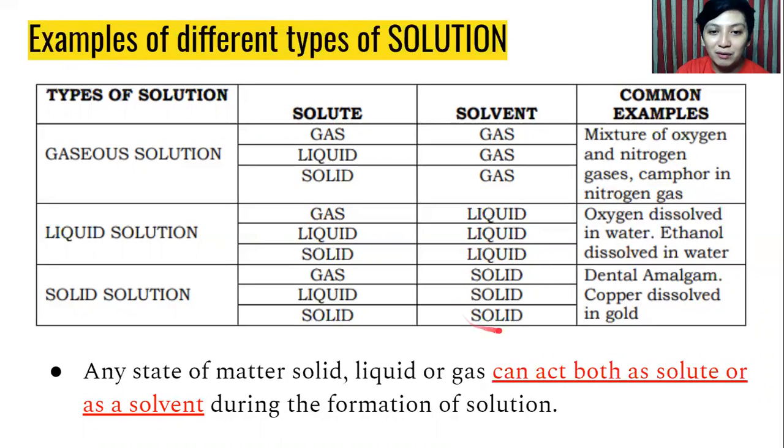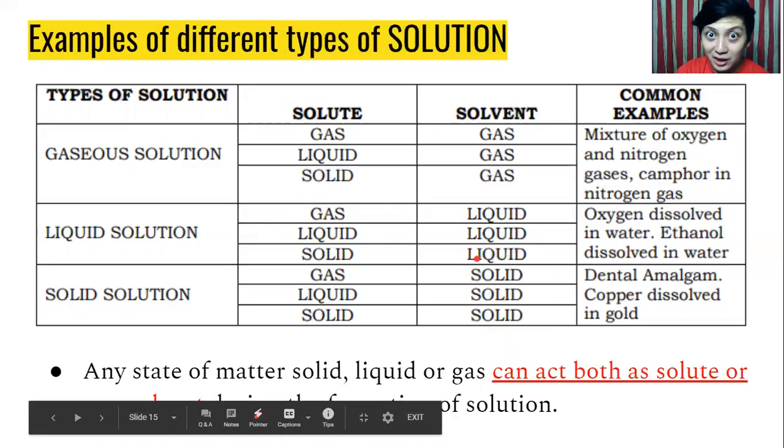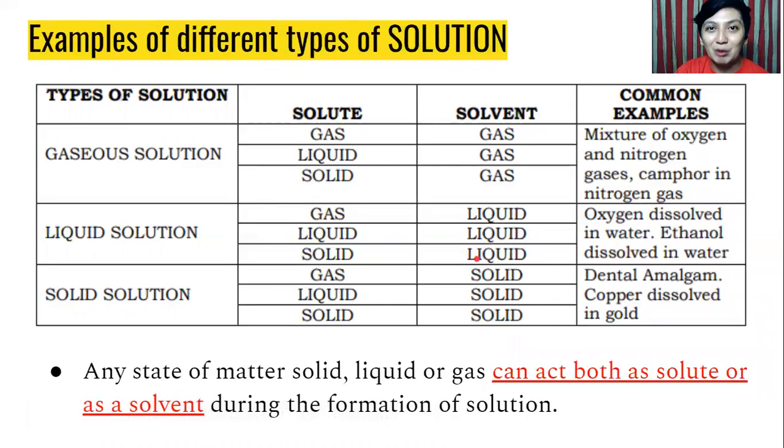And then if the solvent are also solid, meaning to say, the final product or the outcome are solid solutions. Okay? So any state of matter, solid, liquid, or gas, can act both as solute or as solvent during the formation of solution.